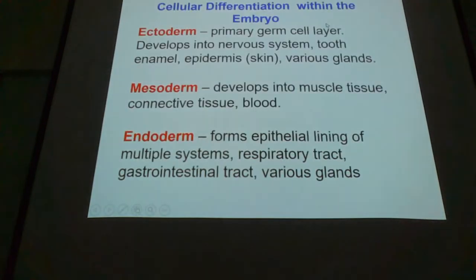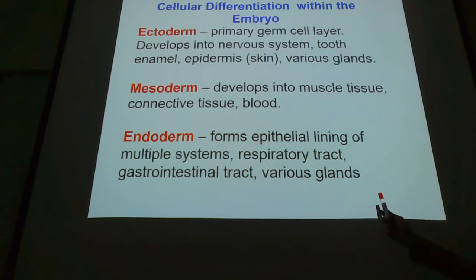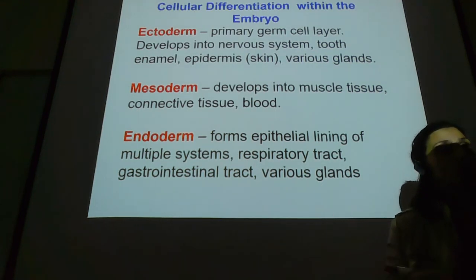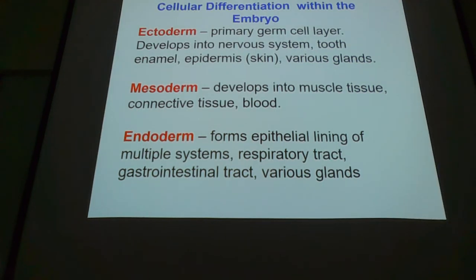And in fact, I have here a list, okay? Now, the ectoderm gives rise also to nerve tissue, not just epidermis, okay? Mesoderm develops into muscle tissue, connective tissue, also blood, okay? Skeletal tissue. And endoderm forms all the internal organs, but also the layer of cells that surrounds our internal organs.